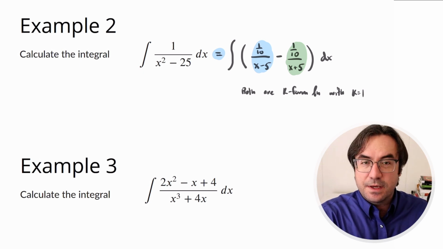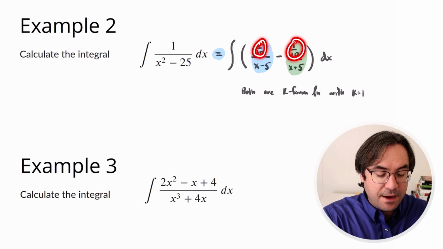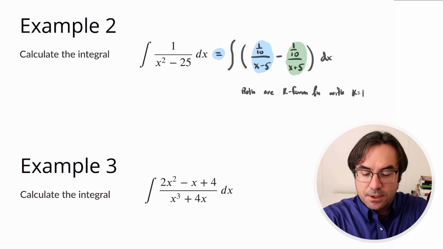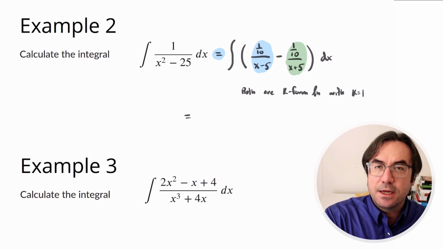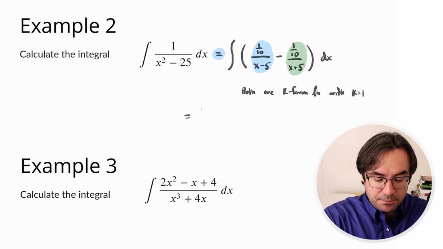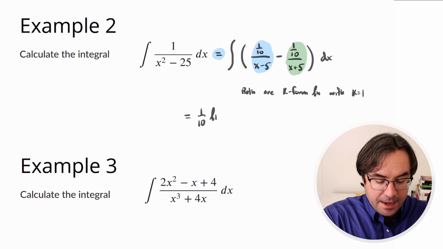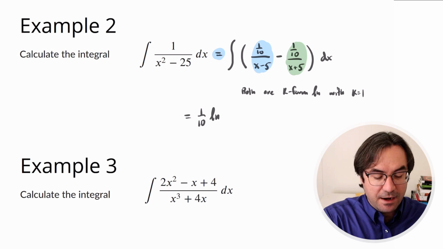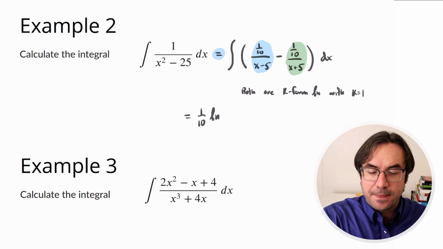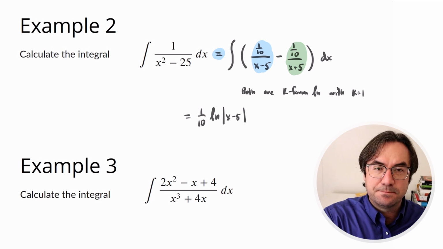All right, so we can easily do the antiderivative. These 1 over 10s that we have are just constant multiples, so when we do the integration, we can take that constant multiple and put it first. So we have the 1 over 10, and if we think of it as factoring that off, then we're just looking at the fraction 1 over x minus 5, and that integrates to natural log absolute value x minus 5.